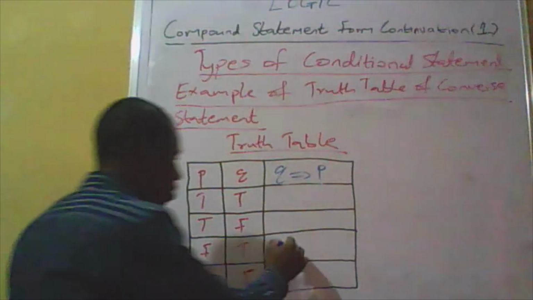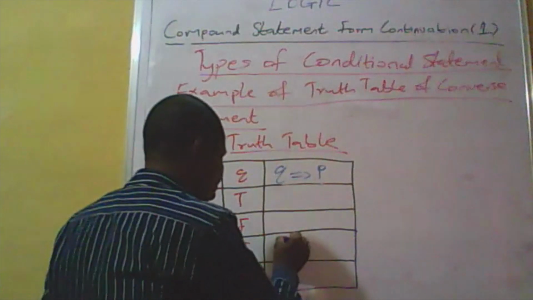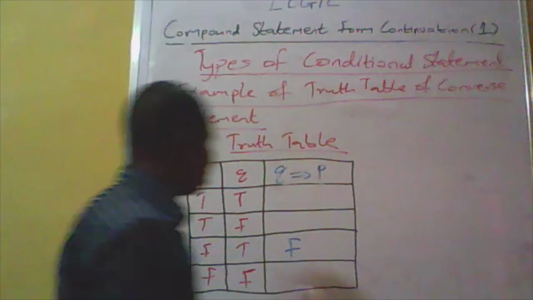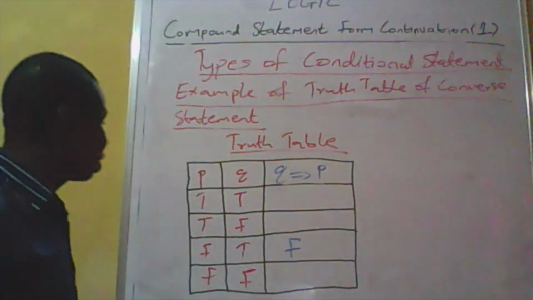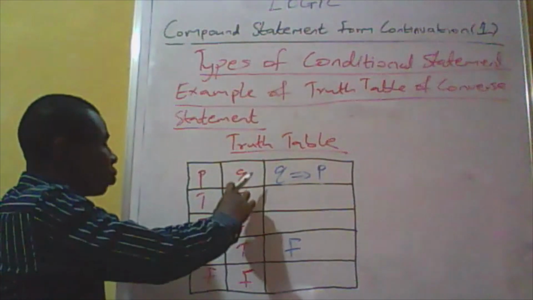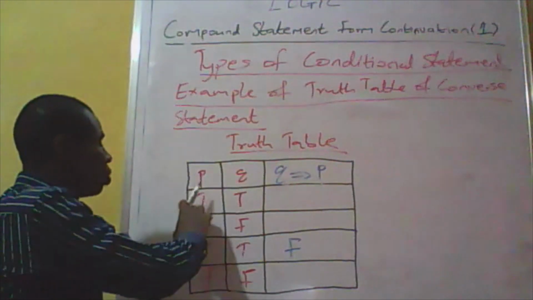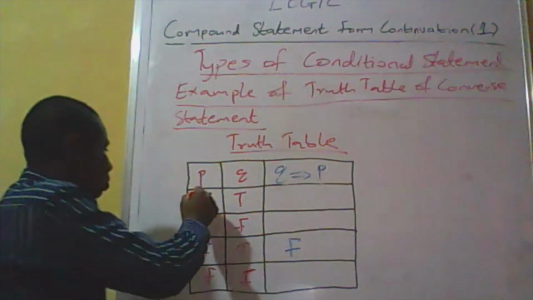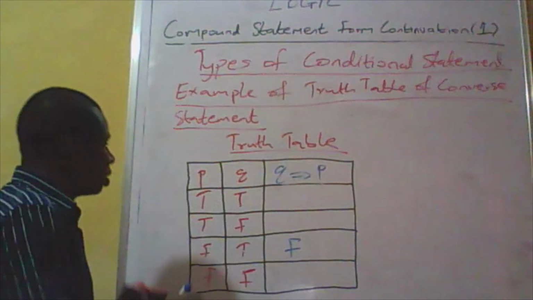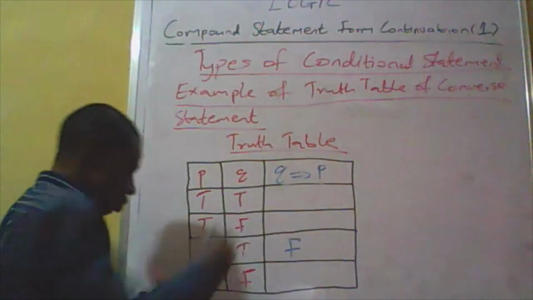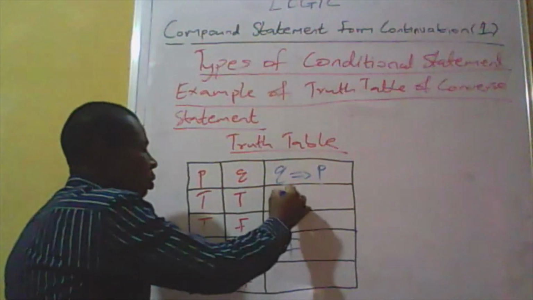That means here will be false. We say otherwise it is true. Now here we have I assign Q to T, assign P to T. That means T implies T will give us T.